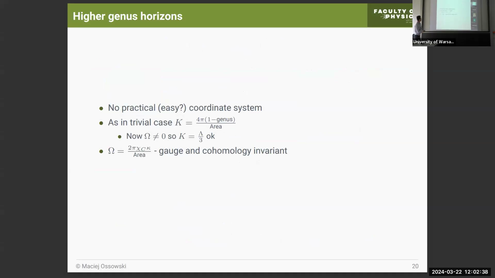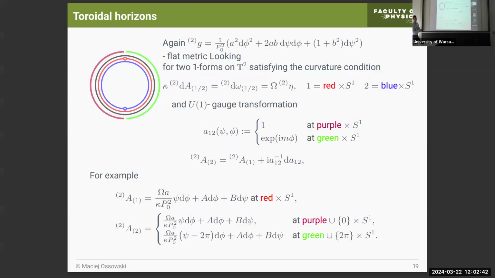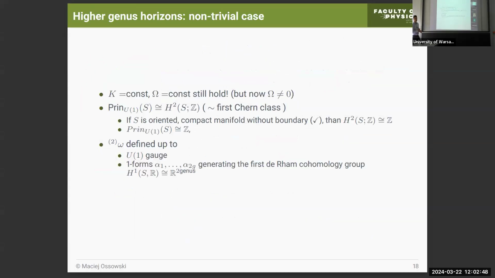The conclusion would be that this is only defined up to such transformations. So if we add some one form from the de Rham cohomology, then we have a different form.